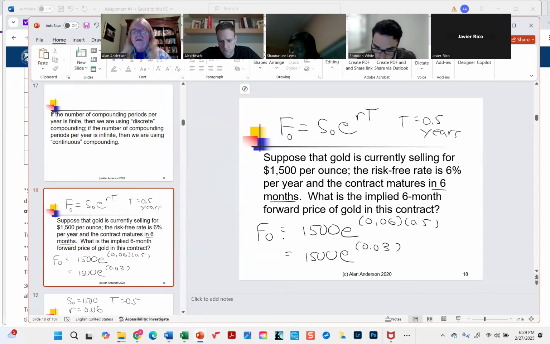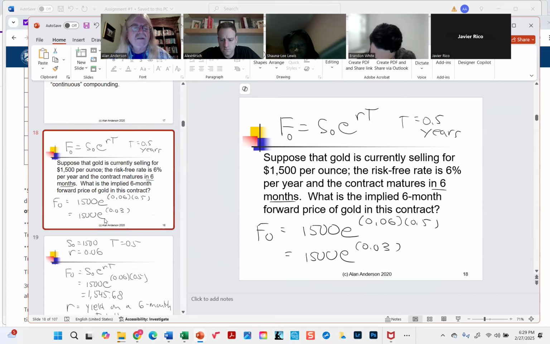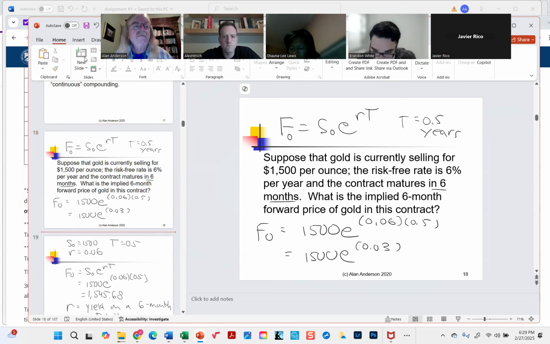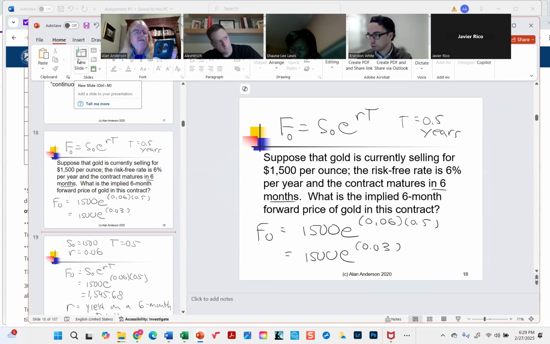So how would you handle that on this wonderful calculator? Let me go ahead to the next slide for this. So the e to the x button is, if you look, it's in there. There's a lot of functions in there.